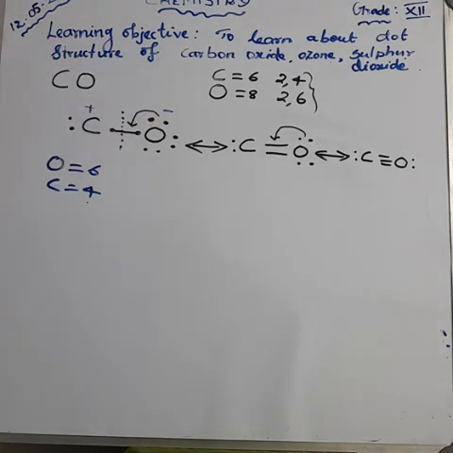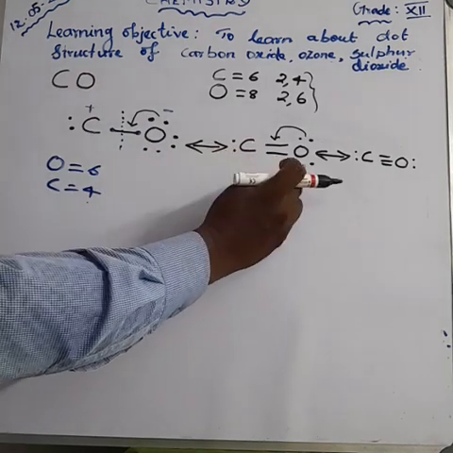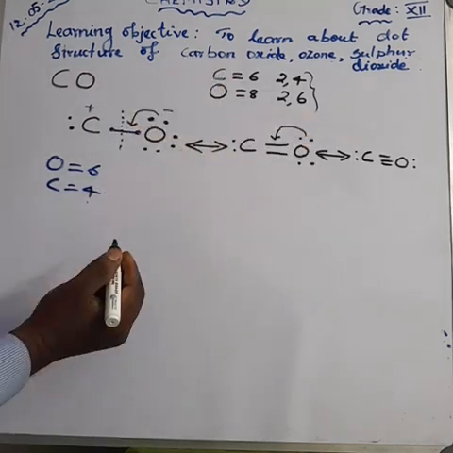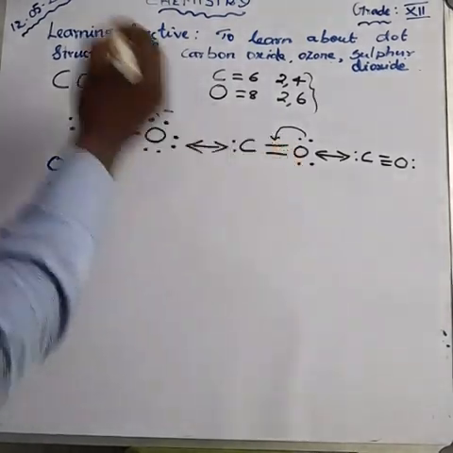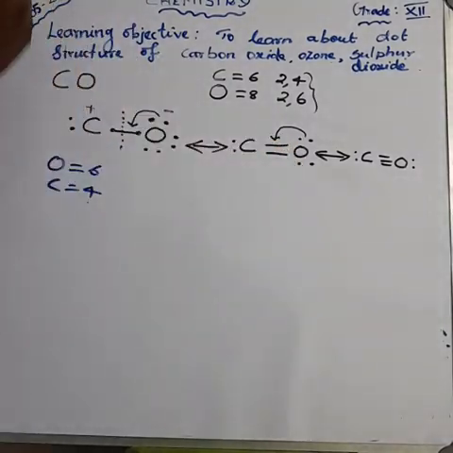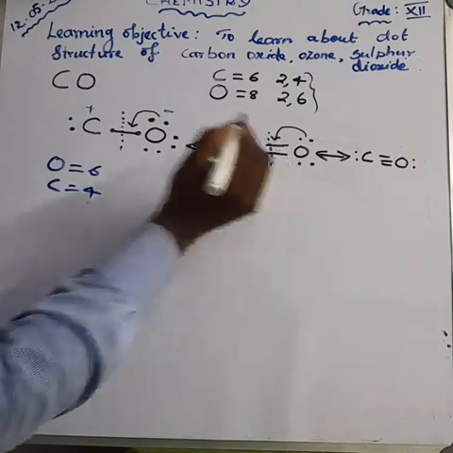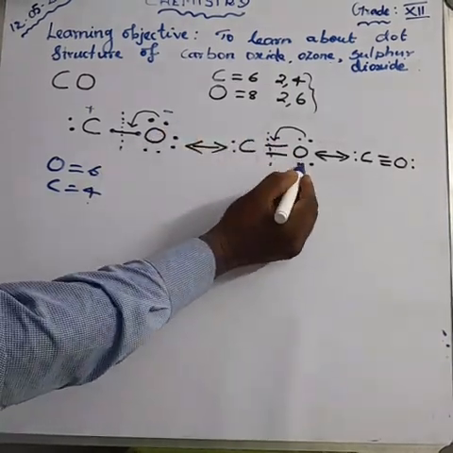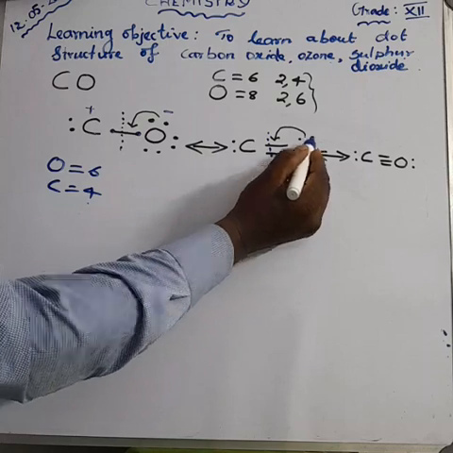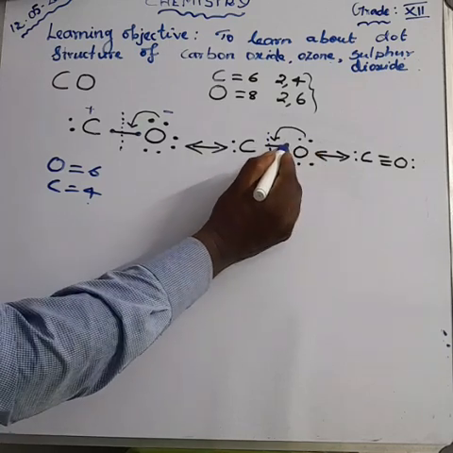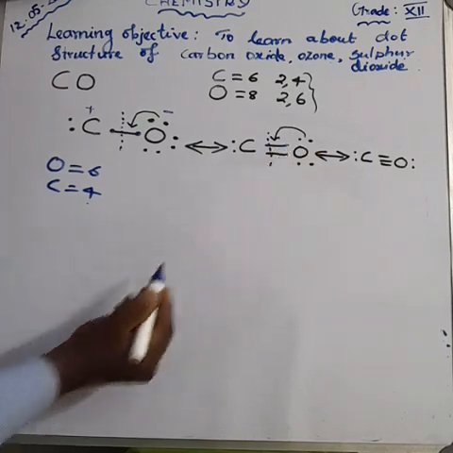Next we can define another one. Here carbon monoxide can be found. Find out how many electrons: 1, 2, 3, 4, here also 5, 6. Am I right?